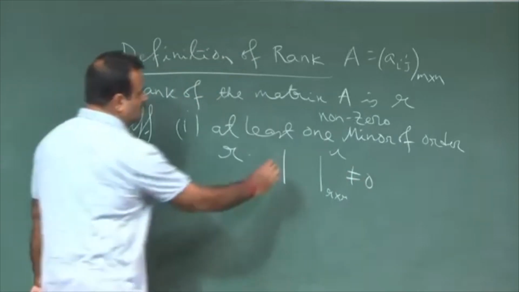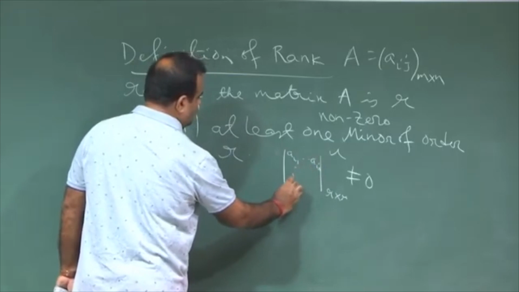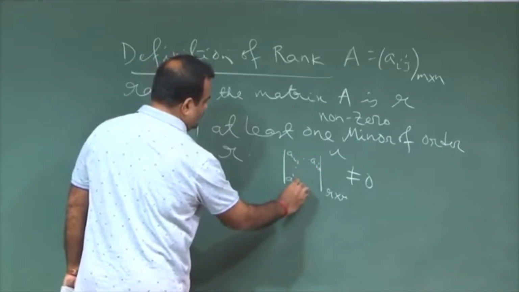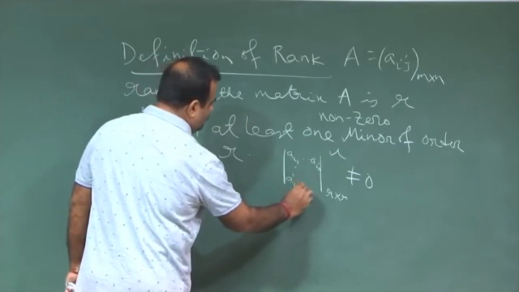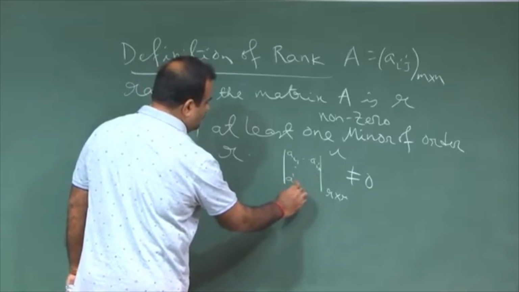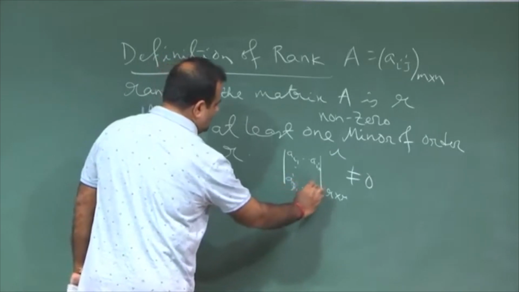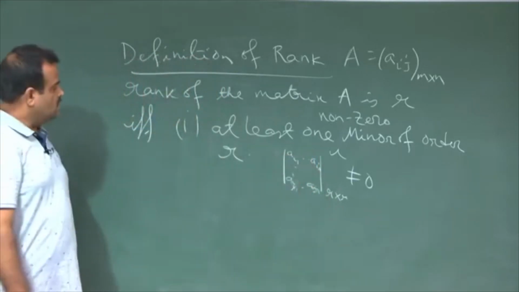So, this is a submatrix with entries a_{i1 j1} up to a_{ir jr}, it could be anything like j1, j2 like this, but the size of this is r cross r.